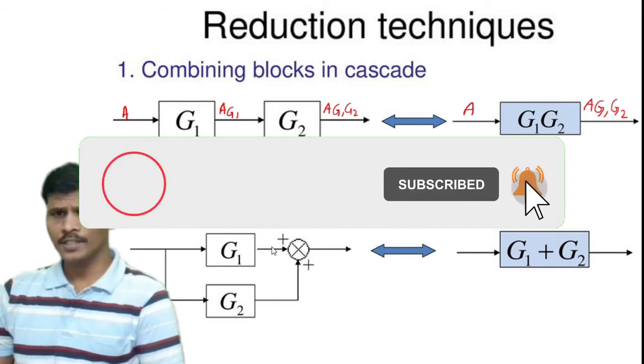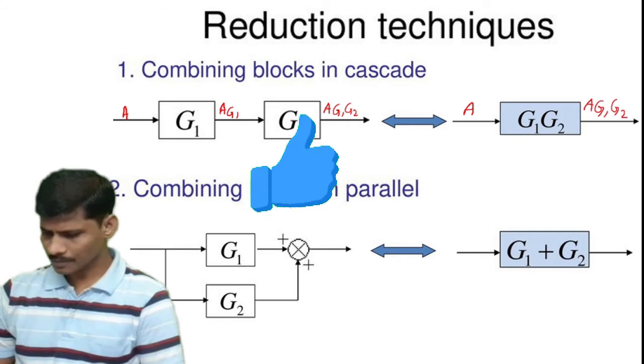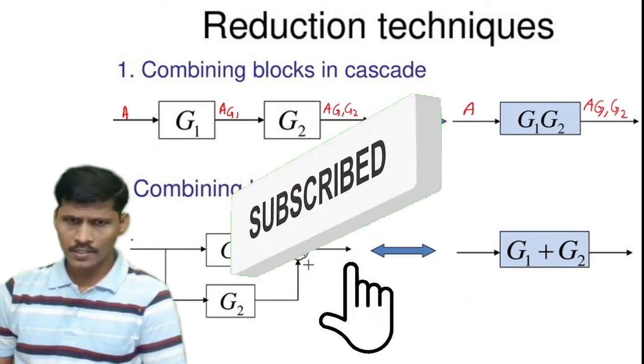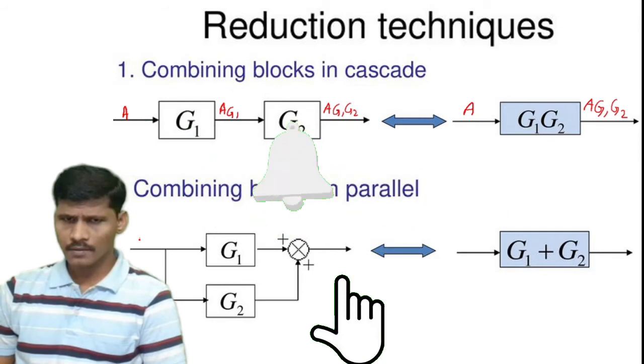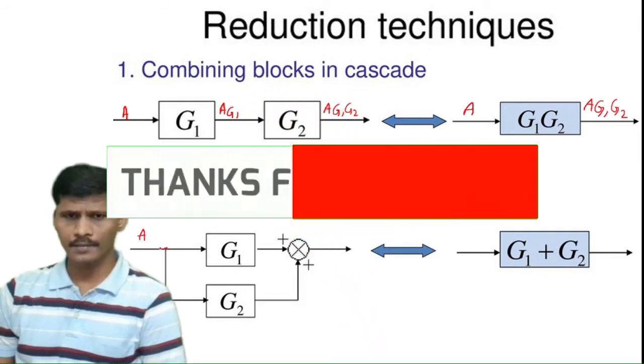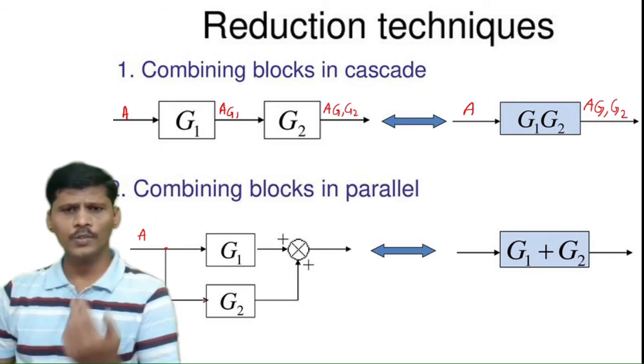Here the input is capital A, and this is the branch point or takeoff point. There are two blocks here, G1 and G2, parallel to each other.